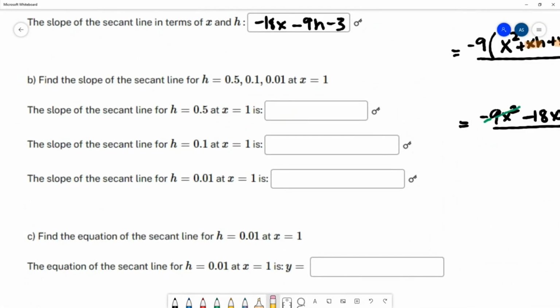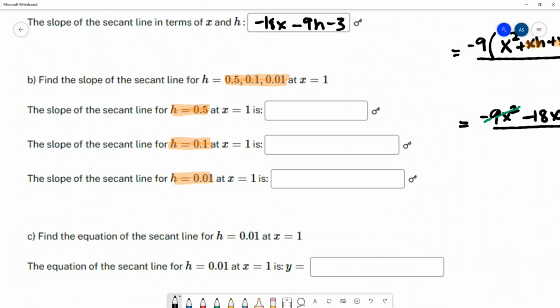So for the next part, we want to find the slope of the secant line given h equal 0.5, 0.1, 0.01, and x equal 1. So that is us just substituting these values into the formula that we got for the slope of the secant line. Just a little preview of calculus, you're going to be talking about allowing h to get closer and closer to 0. And so we've listed these h's getting closer to a value of 0.